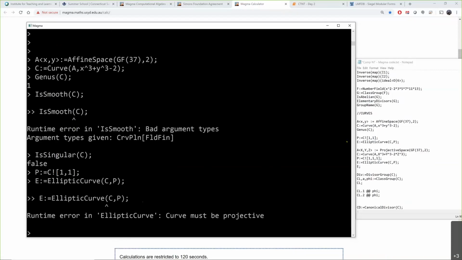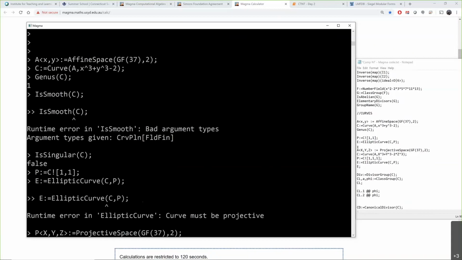So let's switch up to projective. Okay, so I'm going to do projective space over GF 37 dimension 2.